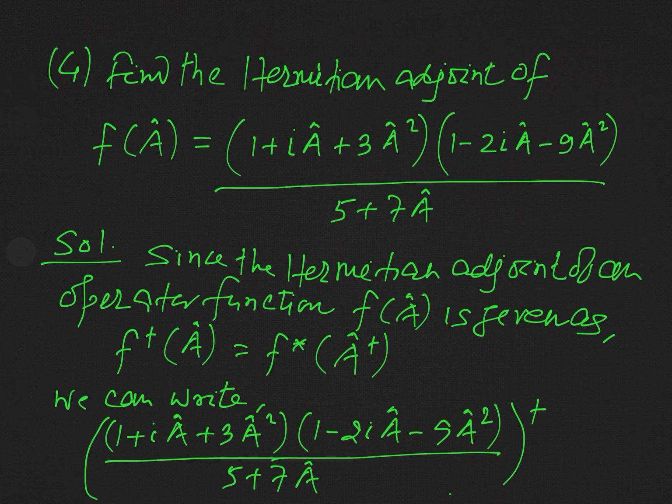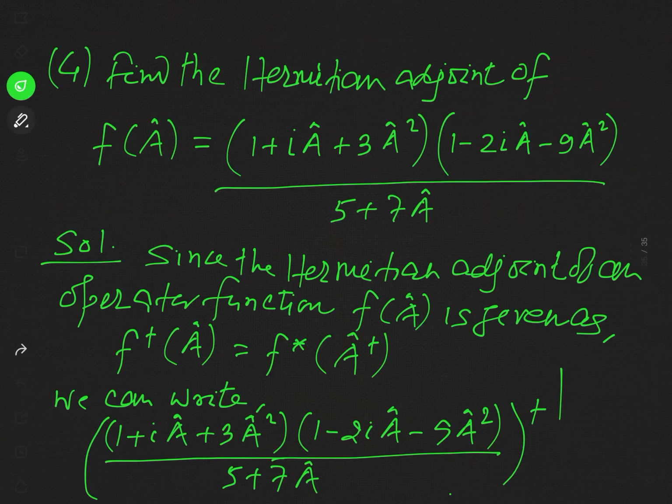First of all, see here one thing. When we find the Hermitian adjoint of a product of two operators, then we just reverse the order and take the Hermitian adjoint of each and every term separately.